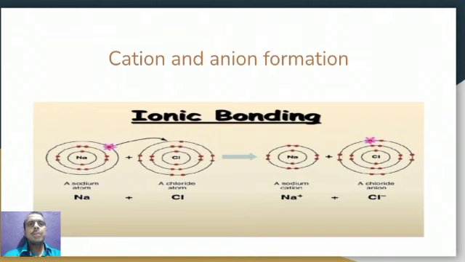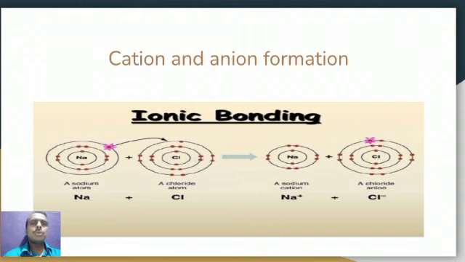So in sodium chloride, the sodium acts as electropositive while chlorine acts as electronegative in nature. Here the sodium loses its outermost one electron to the chlorine, because sodium has a tendency to donate electron while chlorine has a tendency to accept electron.